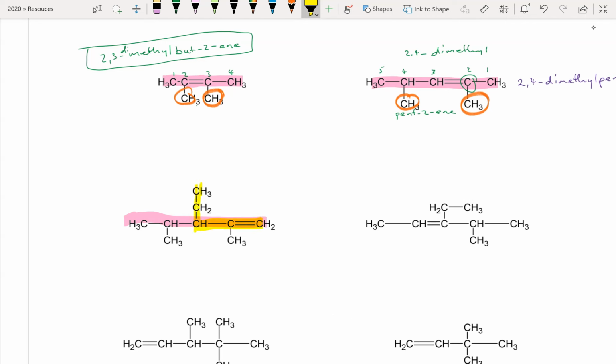And the reason we don't go this way, the yellow one, is because that makes it a more complex issue. So we go for the simplest possible. The reason the other one would have been more complex is because we'd have a branching side chain off the back there. So again, it's an ene.